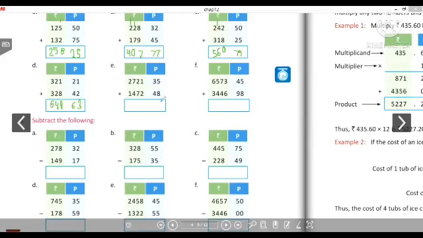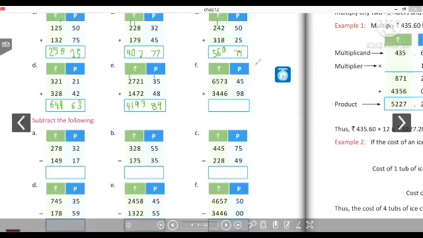Now 8 and 5 is equal to 14, 4 carry 1, 4 and 3 is 7 and 1 is 8, 2 and 1 is 3, 7 and 2 is 9, 7 and 4 is 11, so 1 carry 1, 2 and 1 is 3 and 1 is 4. So 4,193 rupees 85 paise.